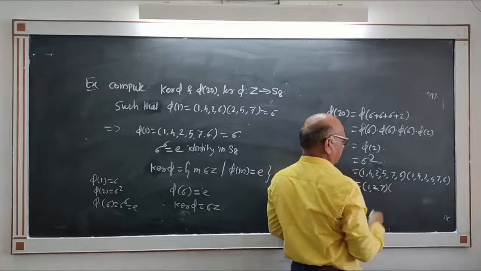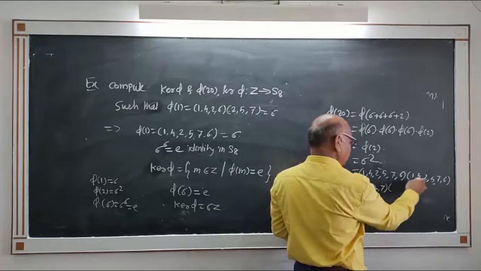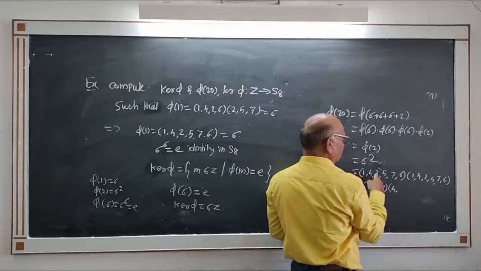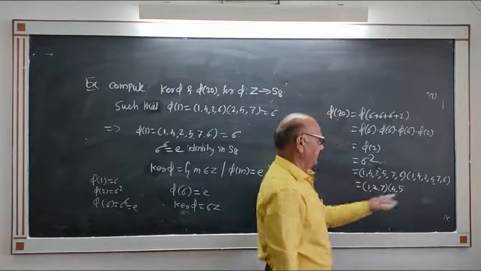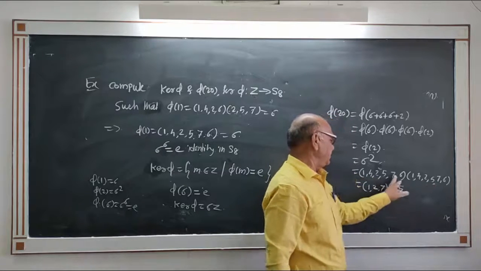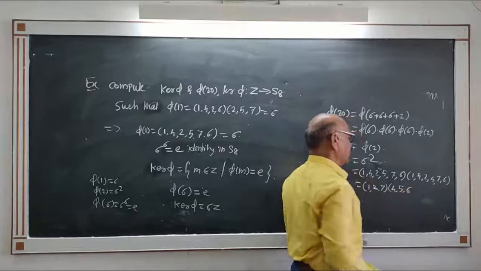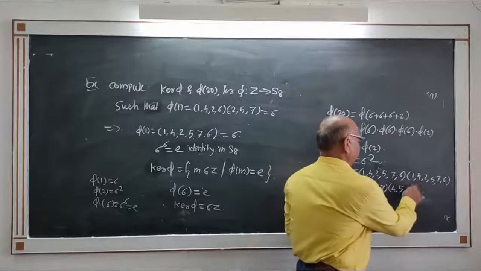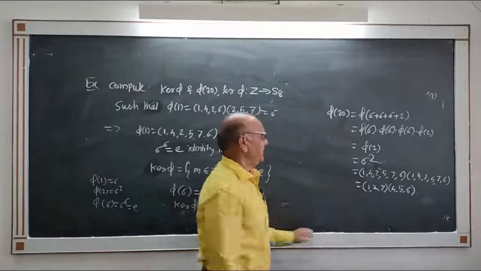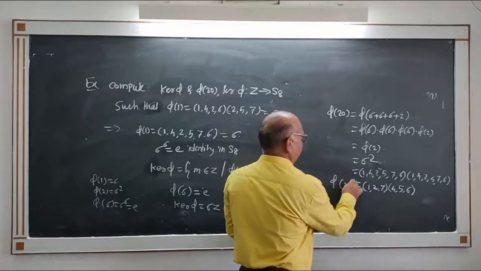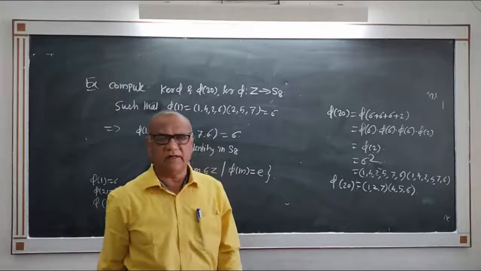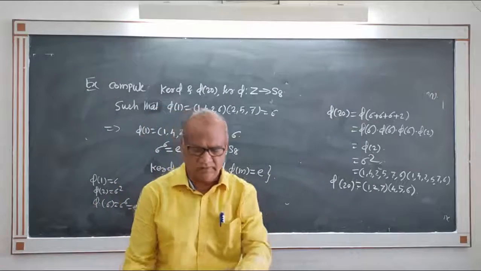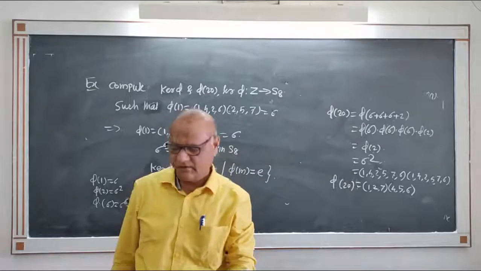Now 3 is not present, so take the next element 4. 4 goes to 2, 2 goes to 5, 5 goes to 7, 7 goes to 6, 6 goes to 1, 1 goes to 4. That means complete. This is phi of 20. Okay, we stop here. Thank you.